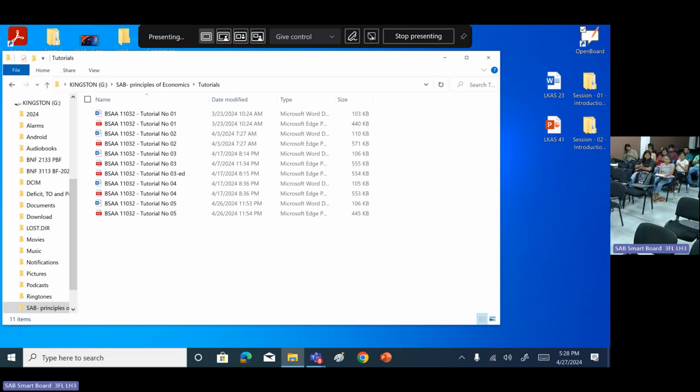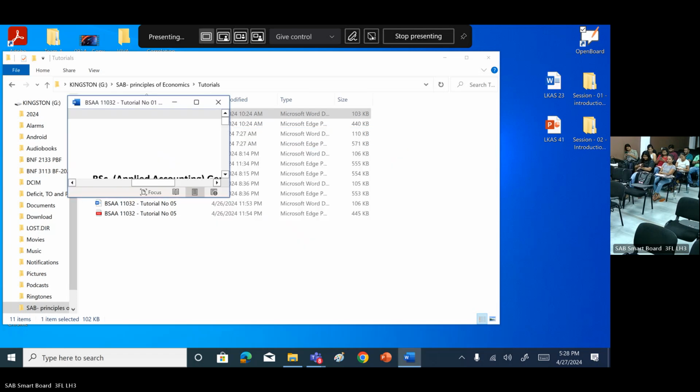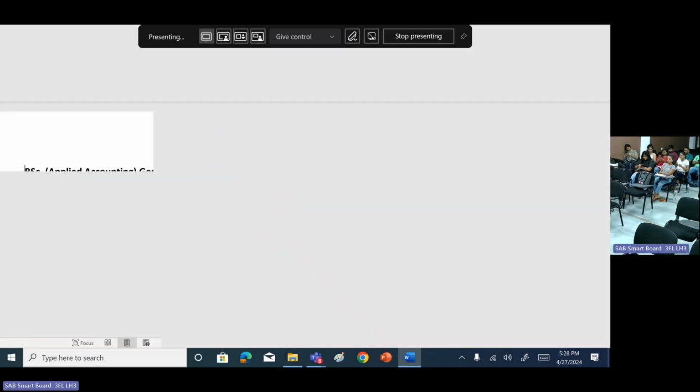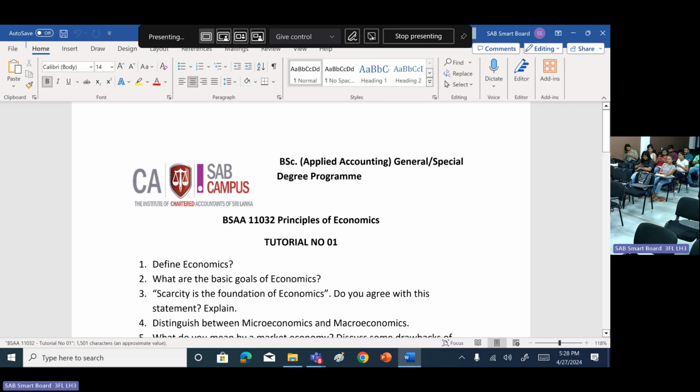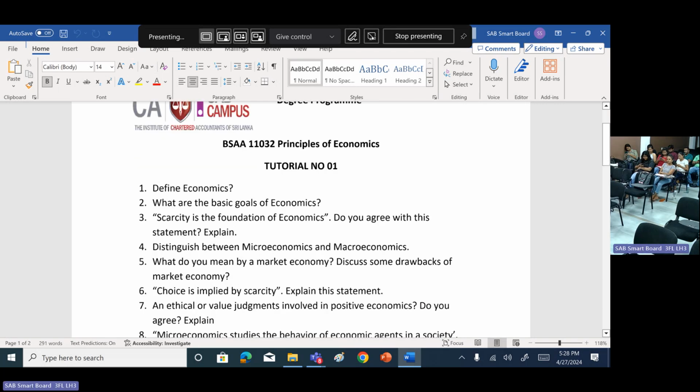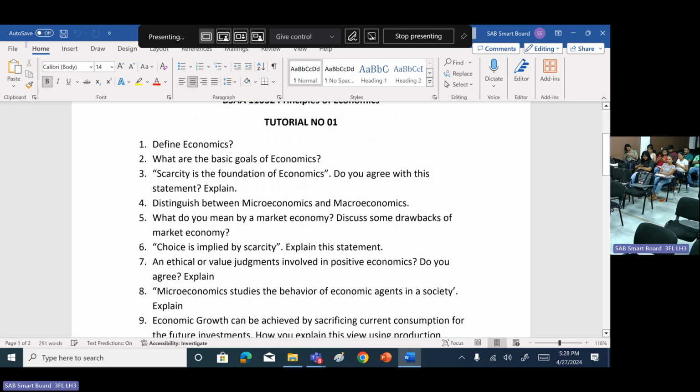that's actually, I think, the objective. Direct questions. When you differentiate microeconomics and macroeconomics, you can use different methods and approaches, and we need to use graphs also.